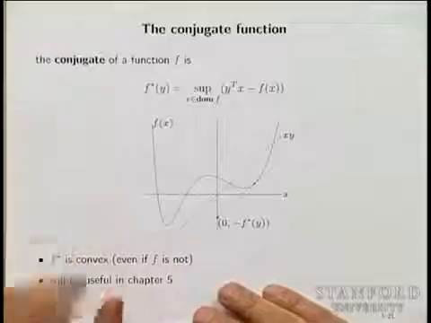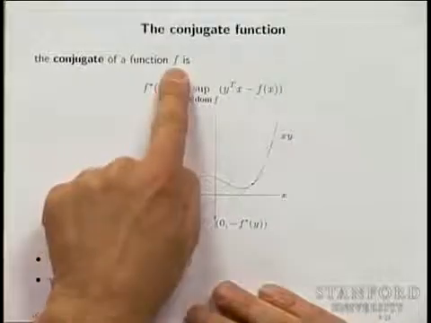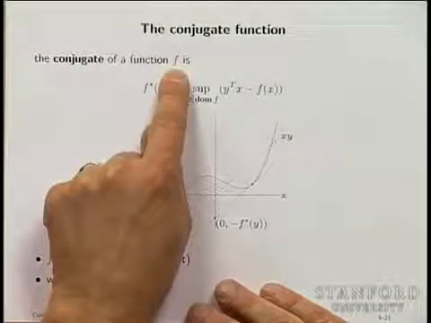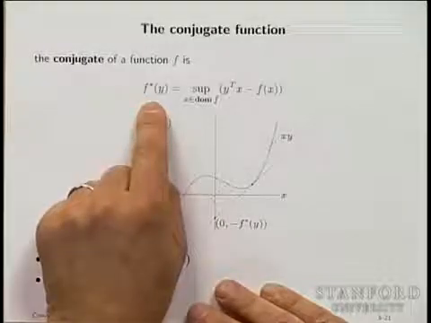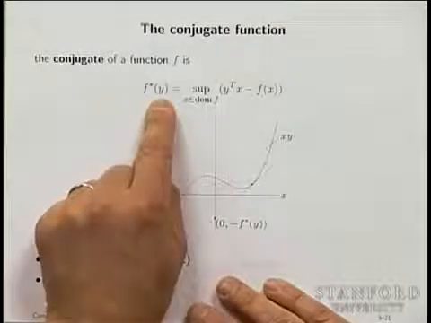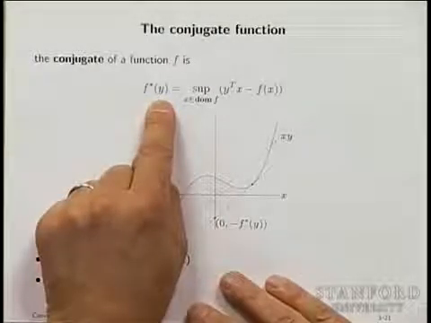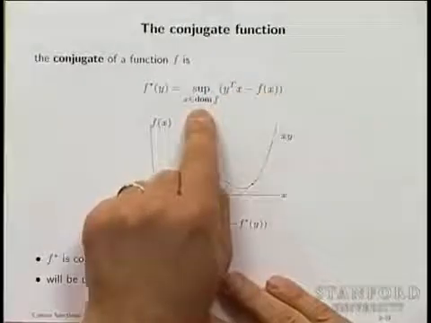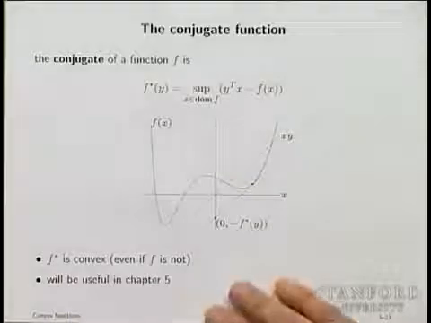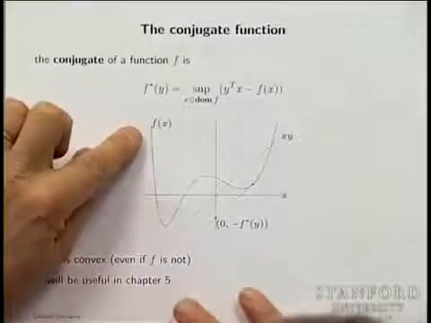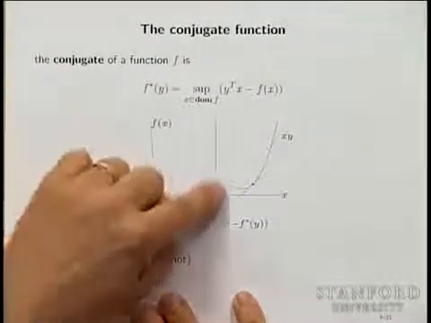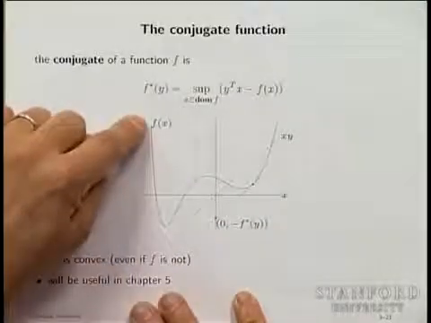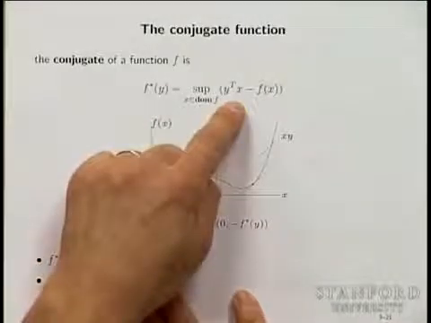So take any function, convex or not, and you define the conjugate function, that's f star of y, and that's the supremum over x of y transpose x minus f of x. Let's see if we can figure out what that looks like graphically. You form the graph of f here, and then you form this function yx.